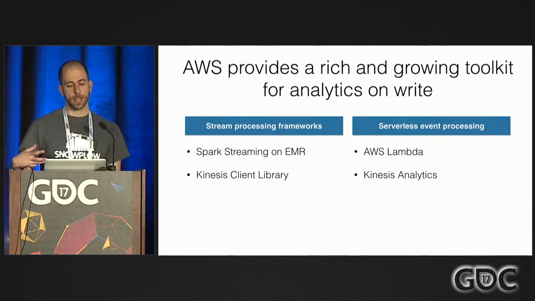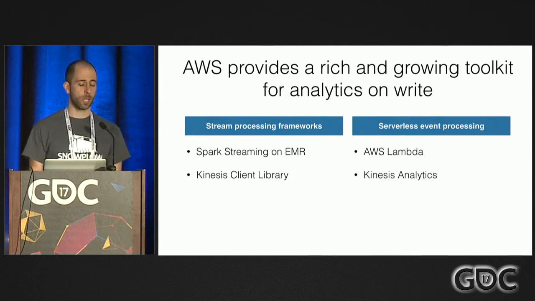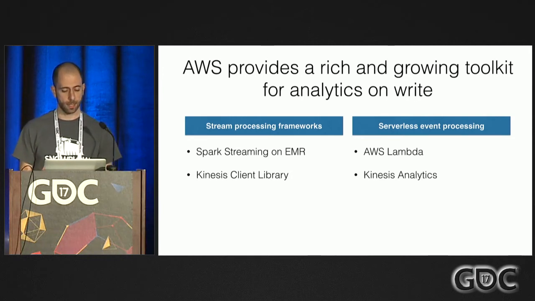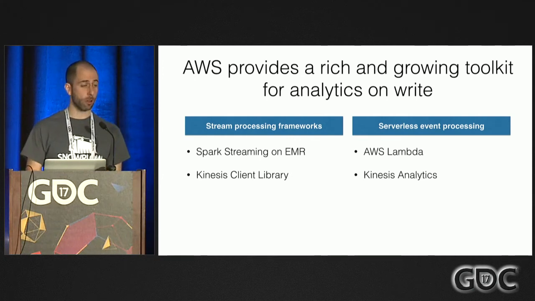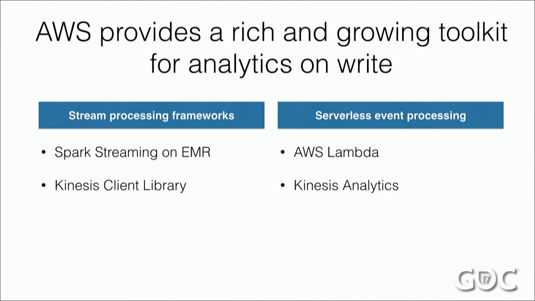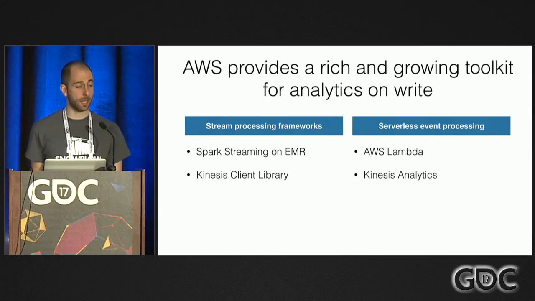So in the same way that AWS provides a rich and growing toolkit for analytics on read, it also provides a rich and growing toolkit for analytics on write. So EMR is part of that toolkit, and you can run Spark streaming on EMR. We've also made extensive use of the Kinesis client library.